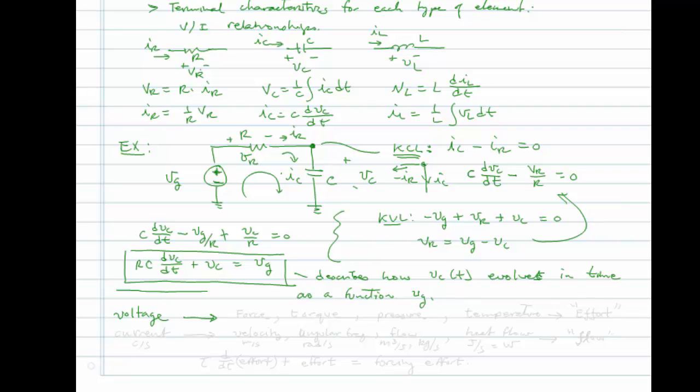If we were talking about a translational mechanical system, we might have force instead of voltage. If it was rotational, we might have torque. If we had a fluid system, we would use pressure. And if it was some kind of heat system, a thermal system, we would have temperature.